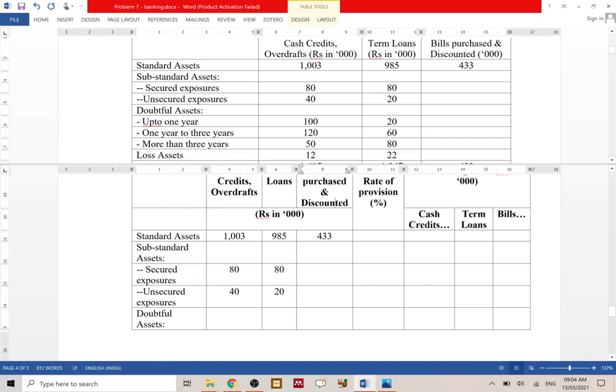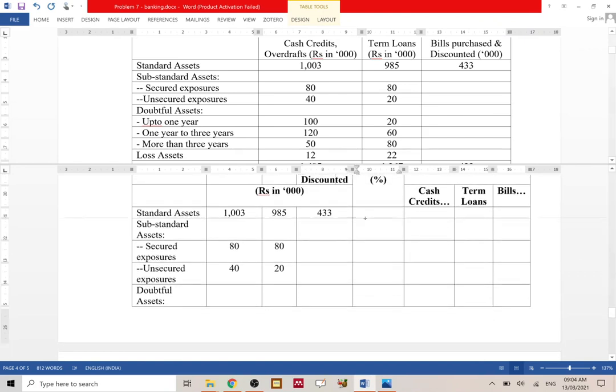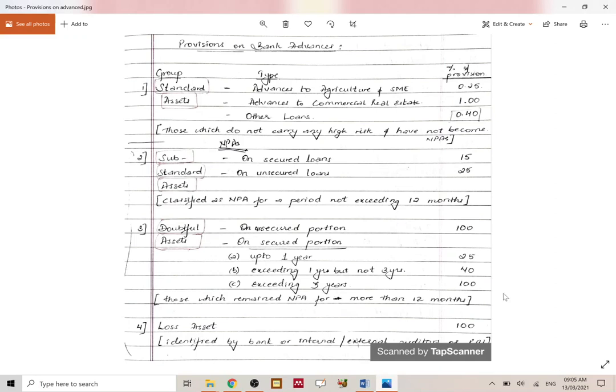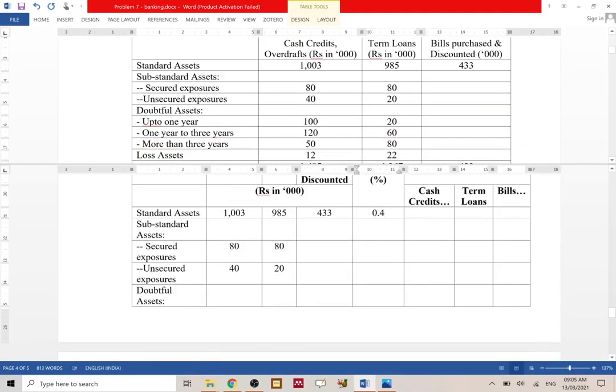So let's apply these. Let's take the first one. In case of standard assets, the percentage is 0.4, as per the chart. Then in case of substandard assets, if it is secured, it is 15, unsecured, it is 25. So substandard is over here.